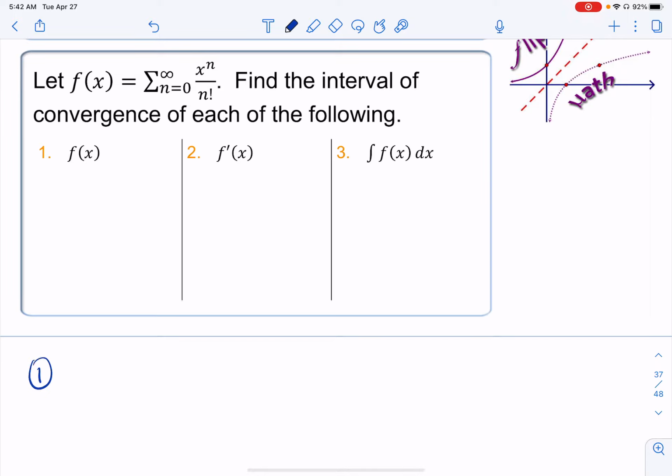Let's start that process by maybe just expanding this thing out just a little bit. So f of x equals summation n equals 0 to infinity x to the n over n factorial.